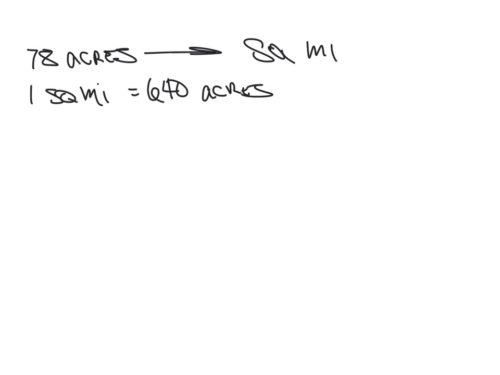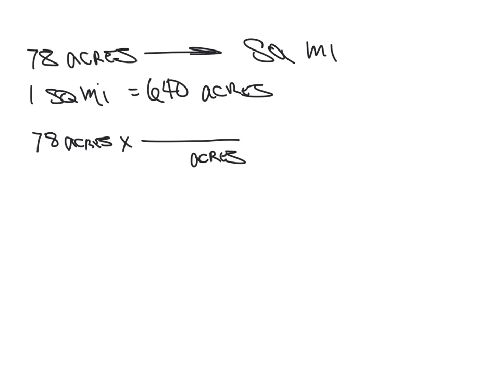Okay, so we're going to start out with what we're given. Make a times sign, make a line, put acres on the bottom. Always do that. Whatever's here goes on the bottom. Now we're going to convert. Do we know a relationship between acres and what we're looking for, square miles?